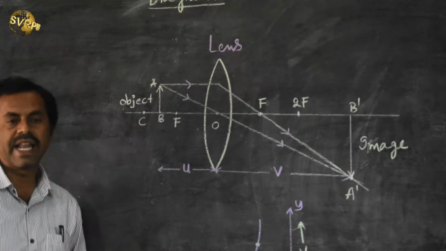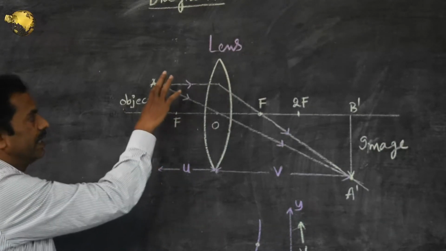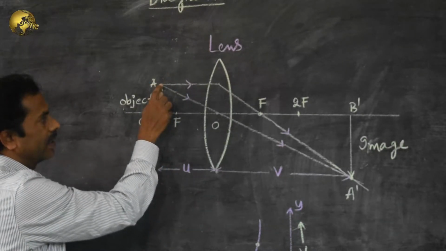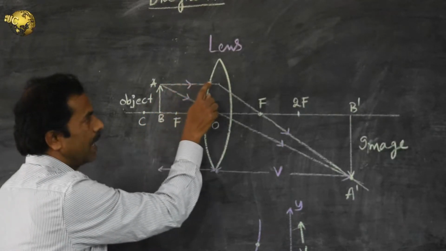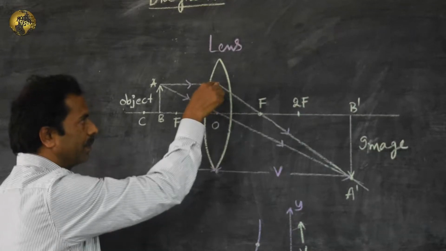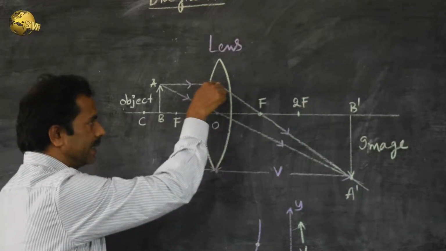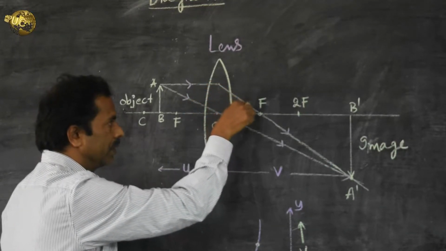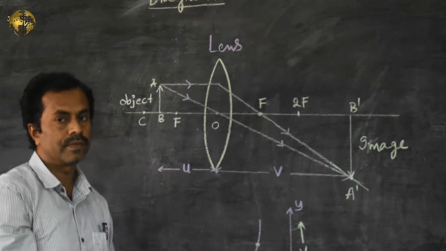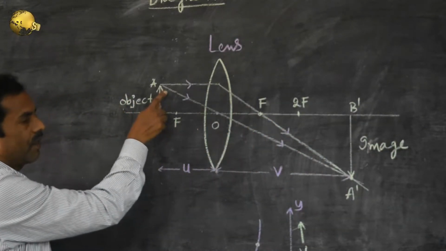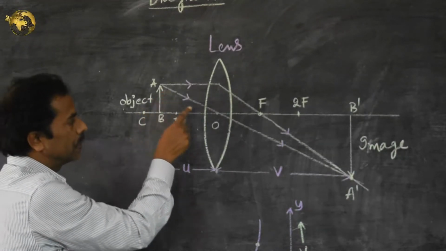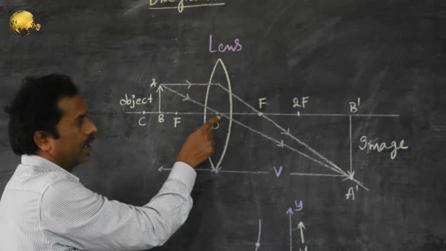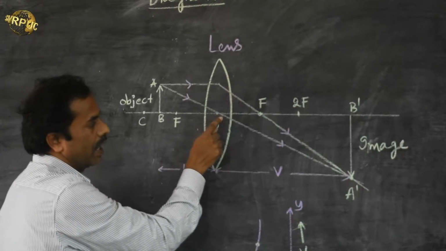Here we have an extended object AB. A ray of light from here, which is parallel to the principal axis, after refraction from the lens moves through the focus, and another ray of light from the same point passing through the optical center goes undeviated.